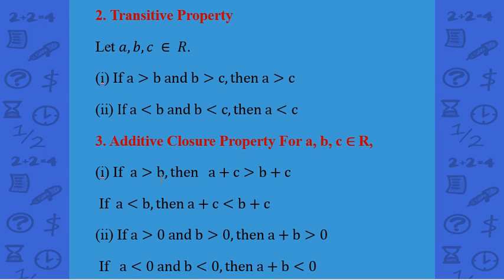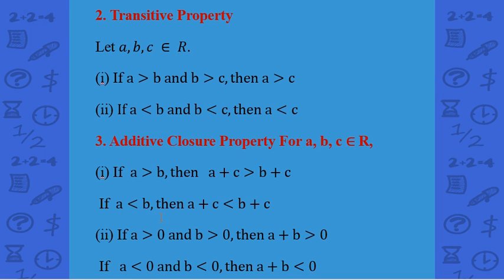My A is 5 and B is 4, and I am adding the same number 1 on both sides of the inequality. So 5 plus 1 is equal to 6, which is greater than 4 plus 1, equal to 5. So 6 is greater than 5. It is a valid statement, by adding the same number on both sides of the inequality.